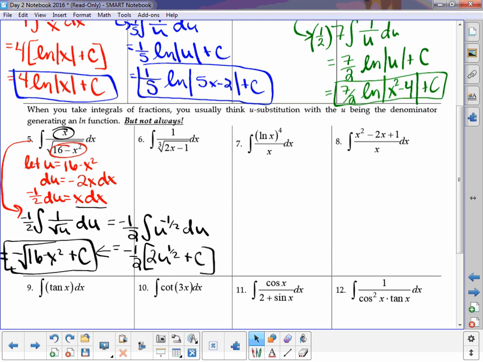Number 6. Again, don't force the natural log. Sometimes you need it, sometimes you don't. Once you do 6, go ahead and try number 7. And in a moment, I'll put up both answers and see if you get to the same thing.